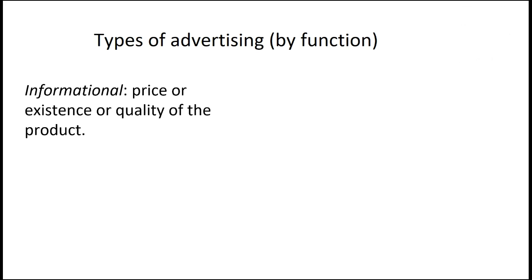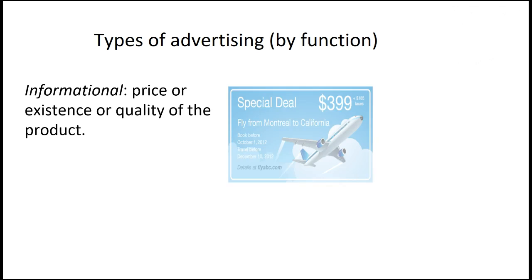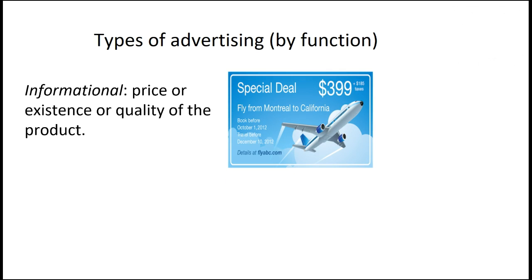It's not attempting to convince consumers to think of the product in a new way, but rather is just providing information. So, for example, this kind of advertising is informational advertising.